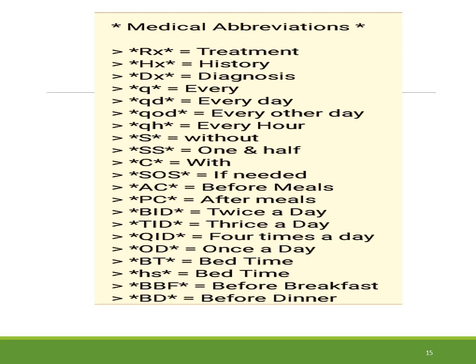So just like this: Rx, treatment; BID, twice a day or 2 times a day; SOS, if needed; AC, before meals; or PC, after meals. Just be familiar with and memorize these, because you need them as you go along with our RLE exposure, especially when you are exposed in the hospital.